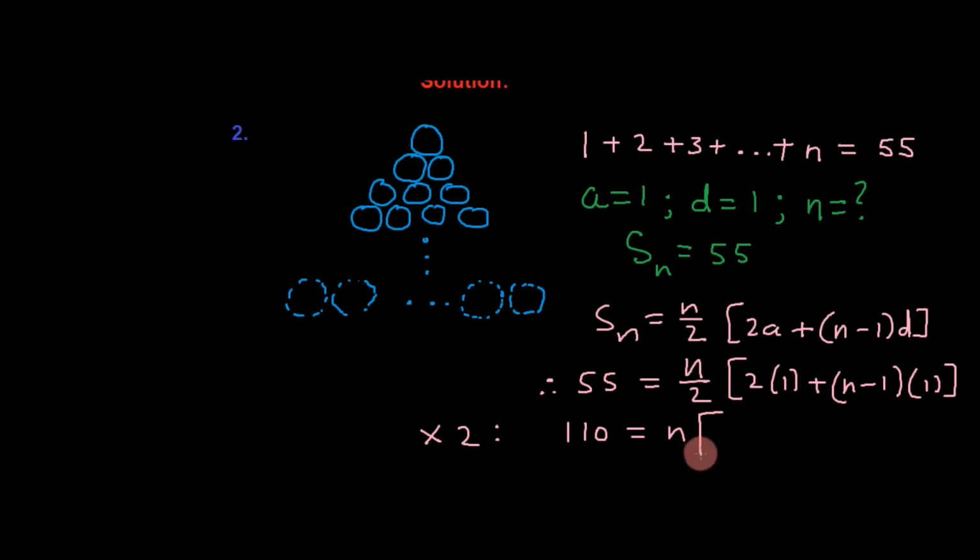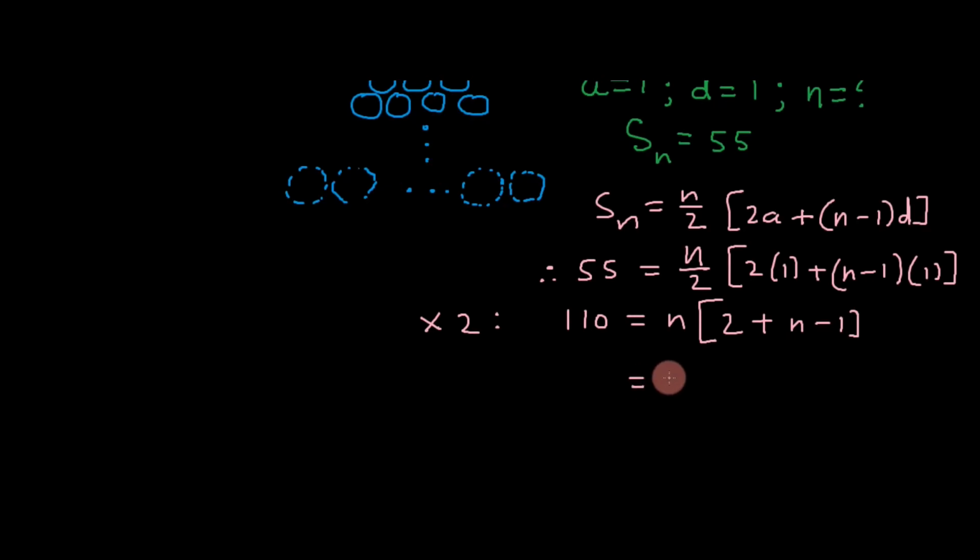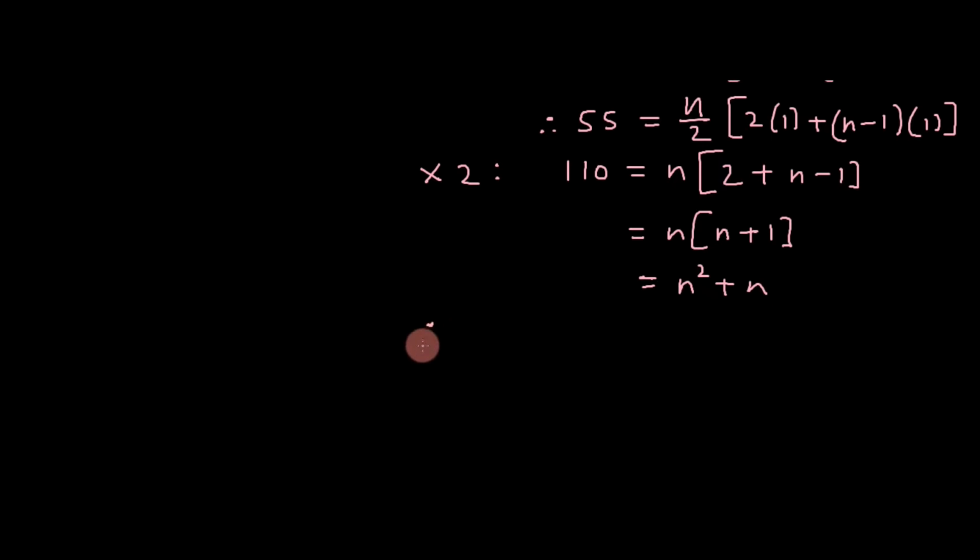We can also simplify inside the square brackets, and multiplying out on the right hand side, we can bring everything to one side and we have a quadratic equation.